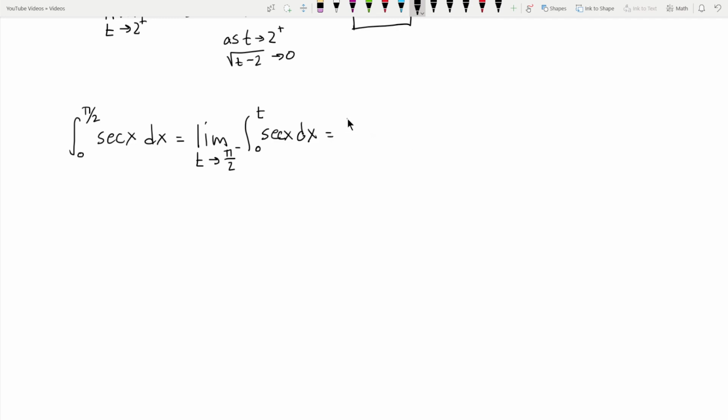So we get the limit as t approaches pi over 2 from the left of the natural log of the absolute value of secant of x plus tangent of x, evaluated from 0 to t.